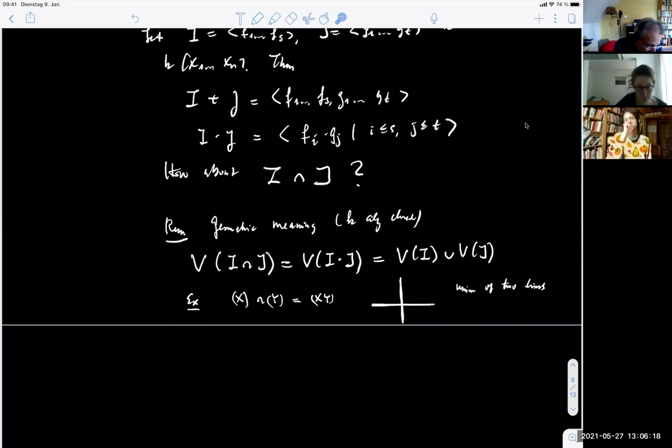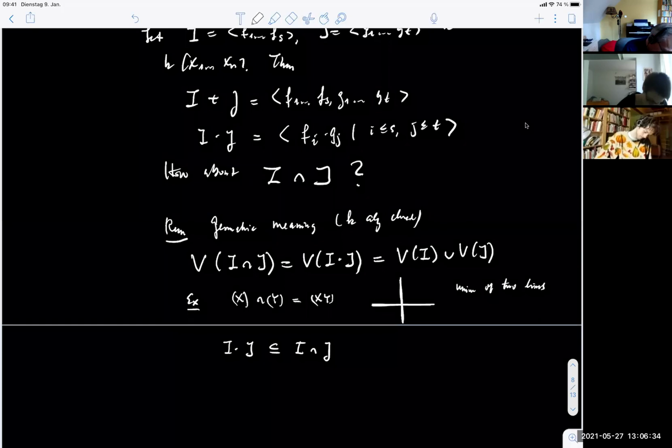But I think in a way, the intersection is the better object. We have this inclusion, this is always true. So this is, maybe in quotes, a better object.